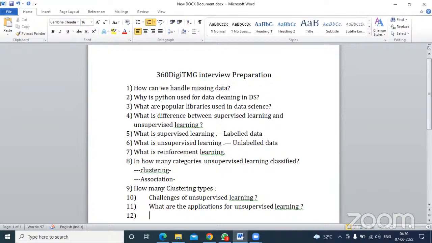So that is the application we can say in unsupervised learning. Like I'm saying, association rule, we already know that it comes under recommendation engine. Okay, what it is doing, using past purchase or past behavior data.